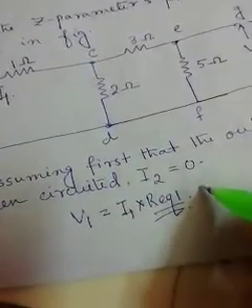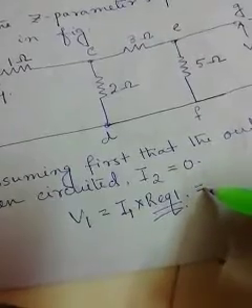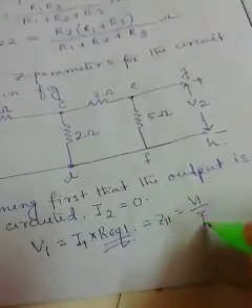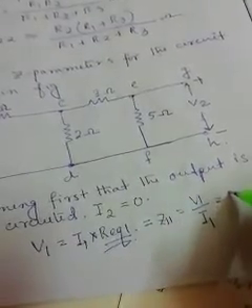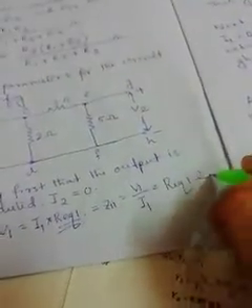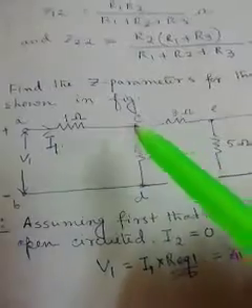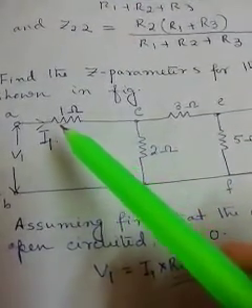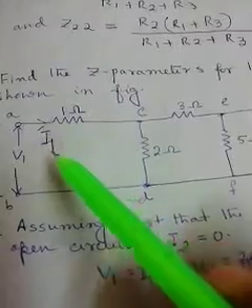So this R equivalent 1 should be equal to the value for Z11. So Z11 should be V1 by I1, which will give us the value for R equivalent 1 in ohm. So finding this R equivalent 1 is the only thing required for calculation of Z11.